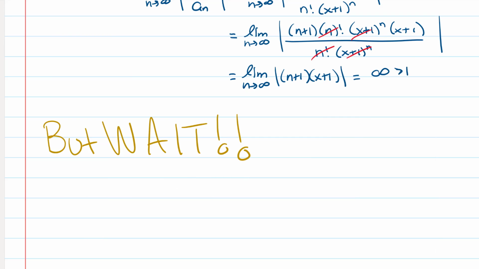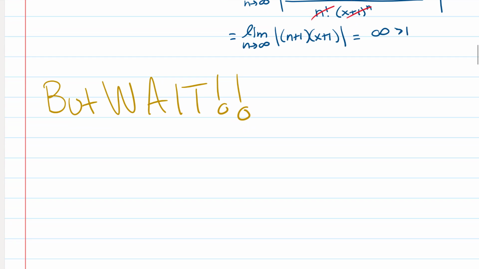So there is something that we do need to take into consideration. When we write this as the limit as n goes to infinity of n plus 1 times x plus 1, we can break this up into two pieces. And the first piece is when x does not equal negative 1. Sure, this thing goes to infinity. I completely agree.